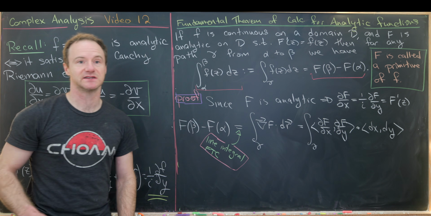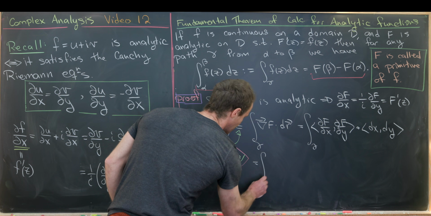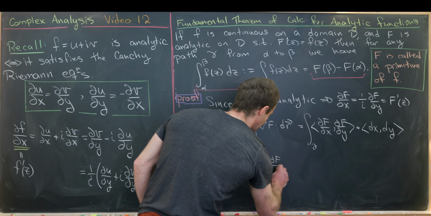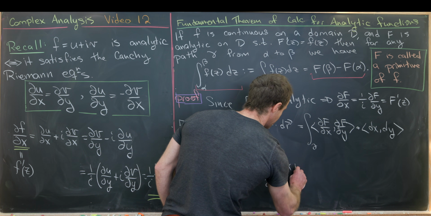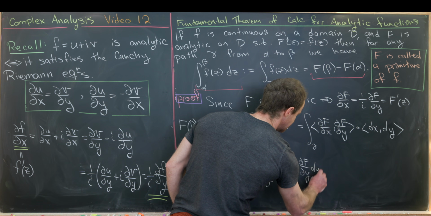Okay, but now we can do that dot product and we'll get the line integral over gamma of the partial of F with respect to x dx plus the partial of F with respect to y dy.